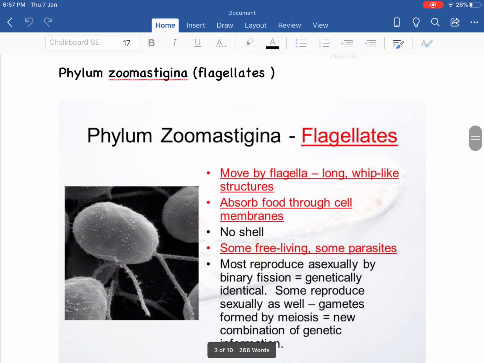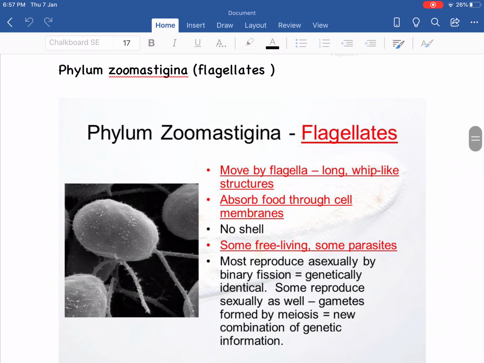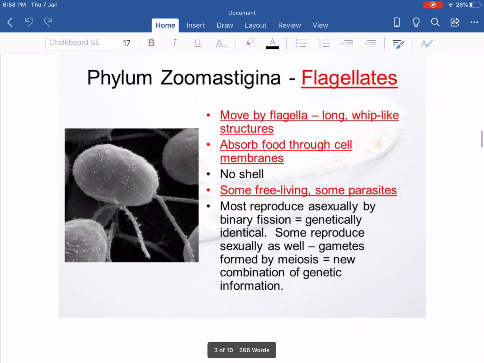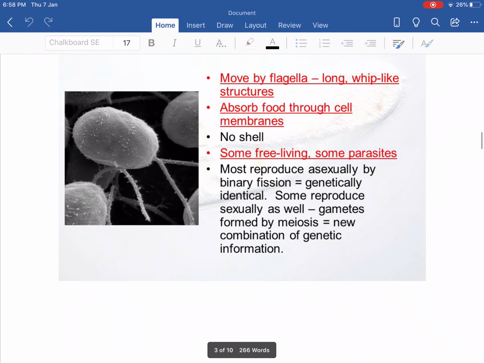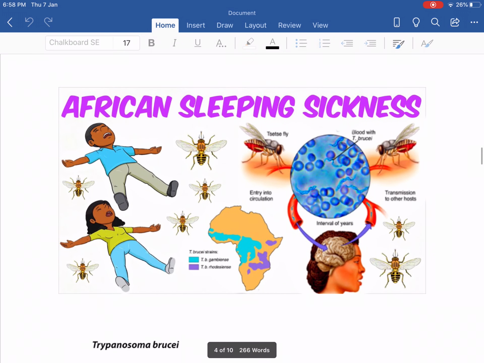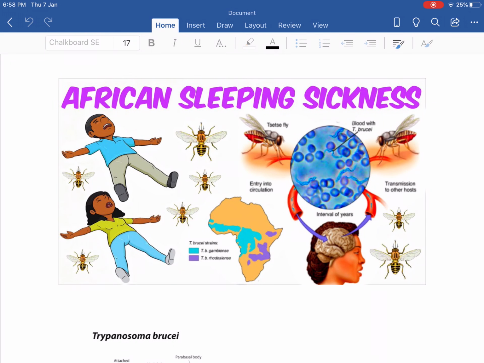Next, we have under this kingdom Phylum Zoomastigina. They are called the flagellates. As the name suggests, they have flagellum or flagella for locomotion. Singular flagellum, plural flagella, long whip-like structures. Have you ever heard of sleeping sickness transmitted by the vector fly?